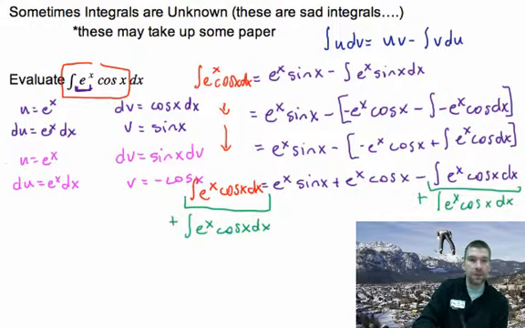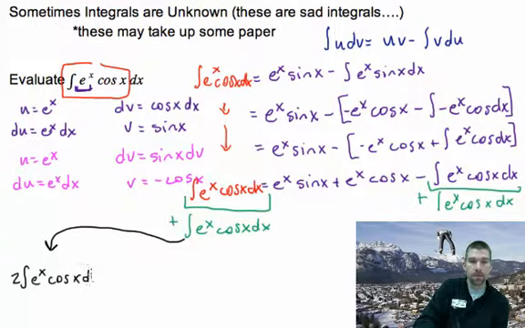When we do that, we get 2 times the integral of e to the x cosine x dx equals, on the other side, e to the x sine x plus e to the x cosine x.